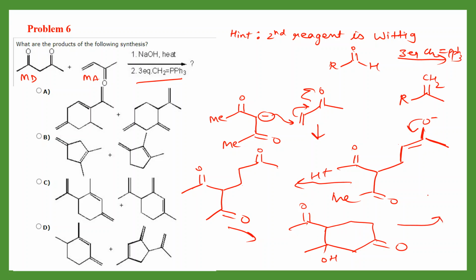And after heat, since heating conditions are there, it will form this product. Correct, students? But one thing you can observe: one, two, three, four. Okay. So one of the possible products is this. In which option can you see this?